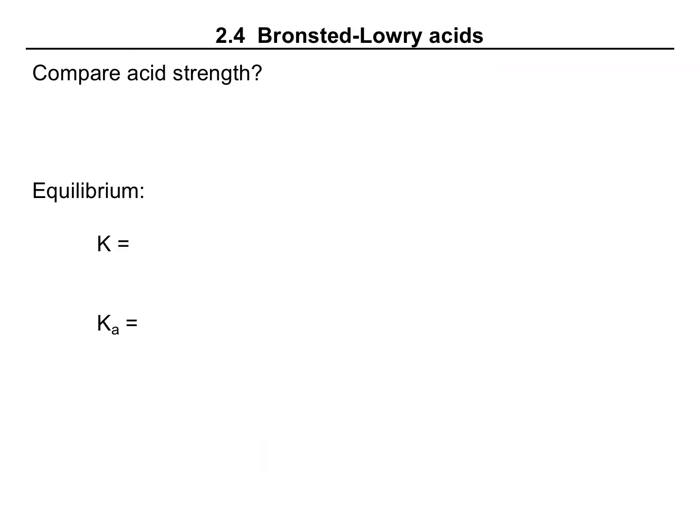As we're thinking about Bronsted-Lowry acids, how can we compare acid strength? Well, acid strength is defined by the reaction in water. So defined by the reaction of an acid, let's say generic acid HA, in water.